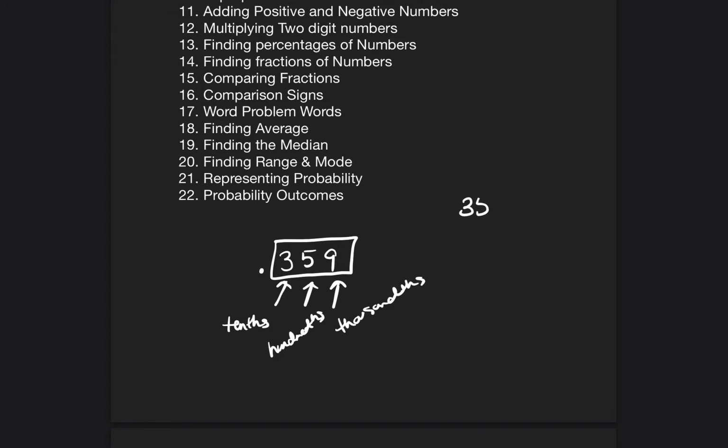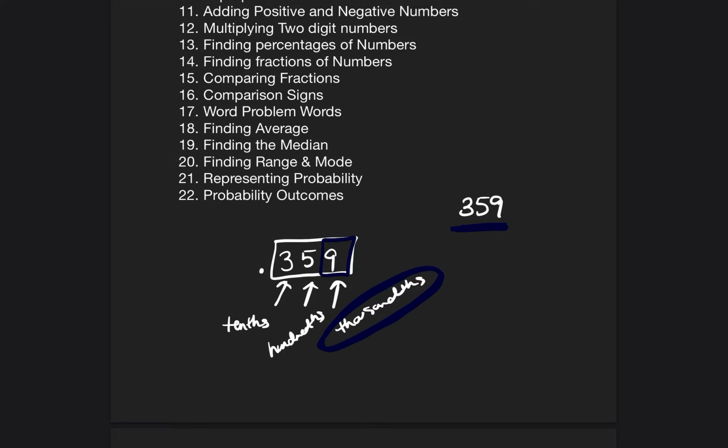So I would read it as 359. Then the way you end it is by saying whatever place value the last number is holding, that's the word that you say after you read 359.